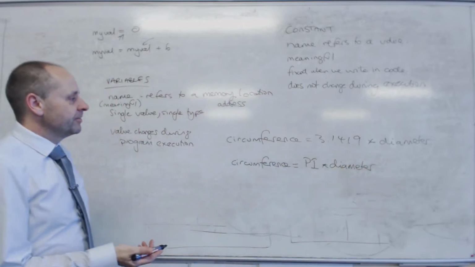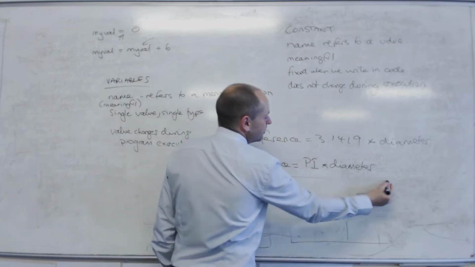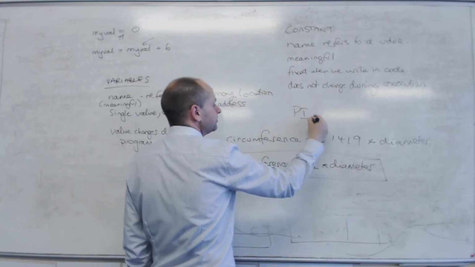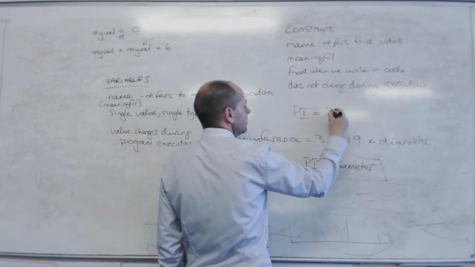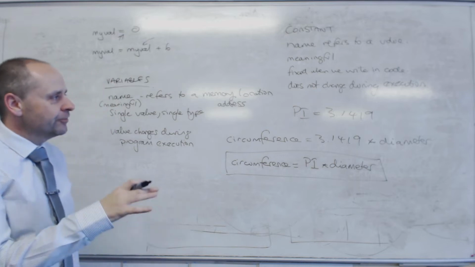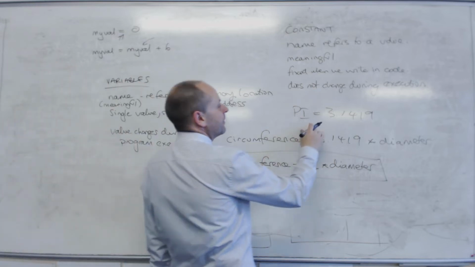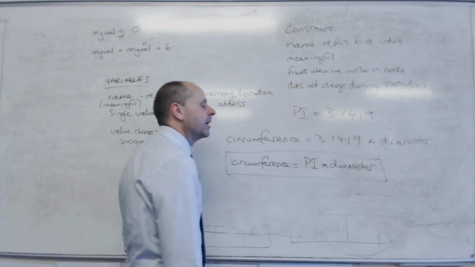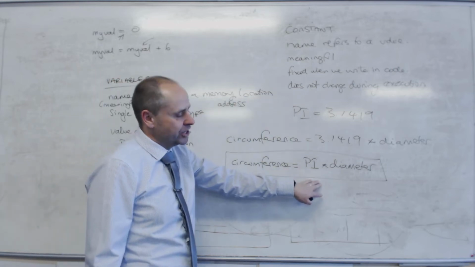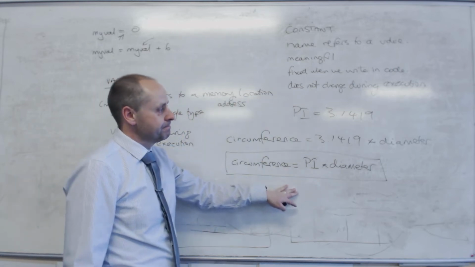So that gives me two benefits. This now becomes readable, but if I define what pi is, when I write my constant in code, there is nothing to stop me at a later date, if I have found some more decimal places for pi, to just update this value of this constant, and it will change this code for me.